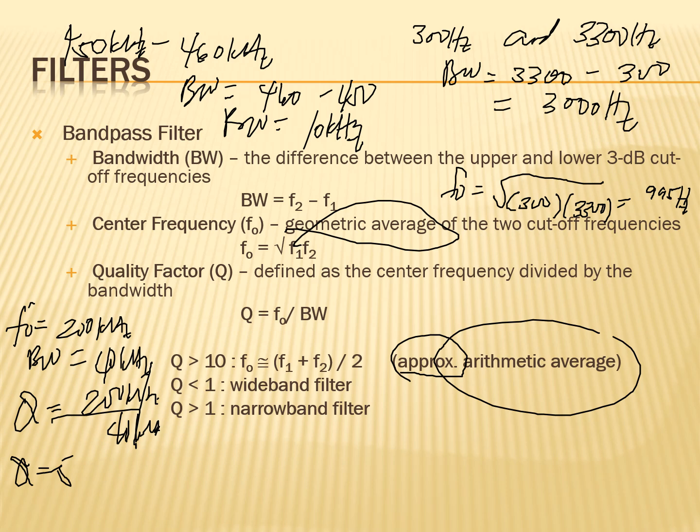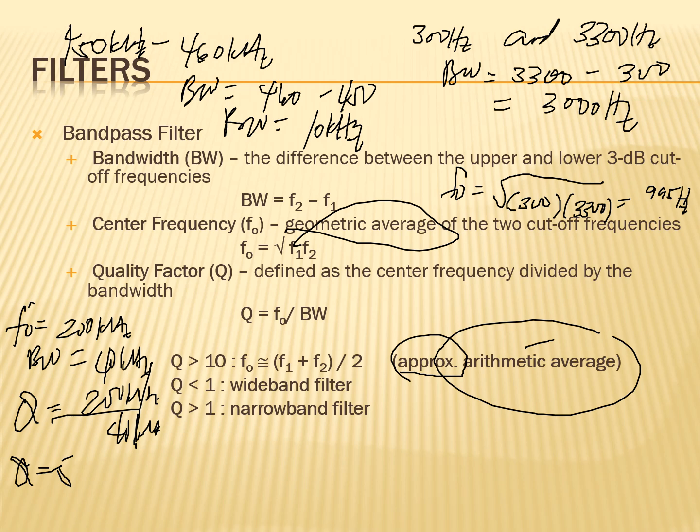So this approximation will only be used whenever our quality factor is greater than 10. So instead of using the square root of F1 times F2, we will make use of the arithmetic average instead, which is equivalent to the sum of F1 and F2 divided by 2.